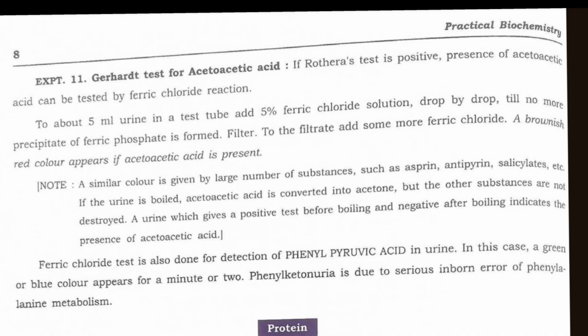To about 5 ml urine in a test tube, add 5% ferric chloride solution. 5 ml urine में 5% ferric chloride solution drop by drop add करना है till no more precipitation of ferric phosphate is formed. फिल्टर करना है.